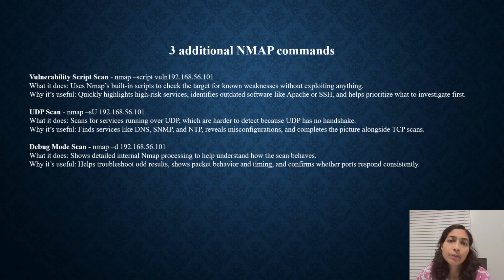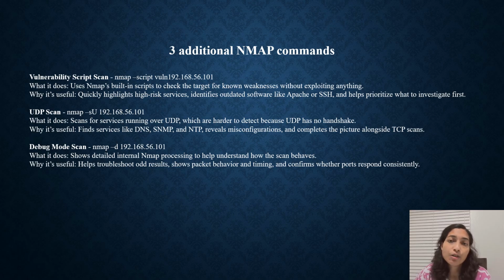Finally, I used a debug mode scan. This one is not about finding vulnerabilities. It is about understanding how Nmap itself is behaving. It shows detailed internal processing, packet behavior, and timing.